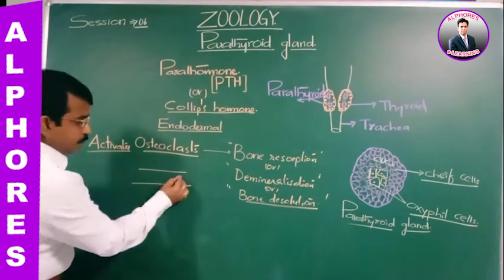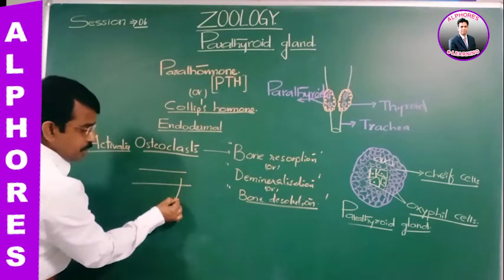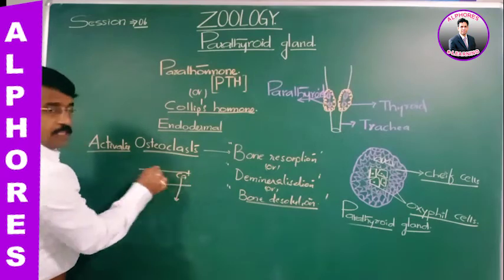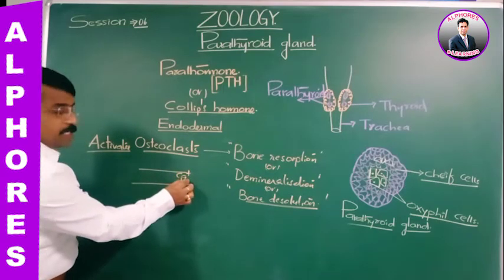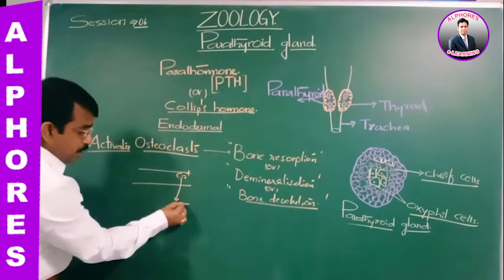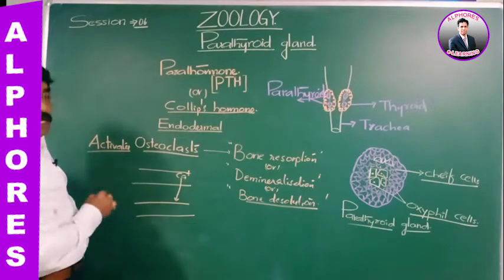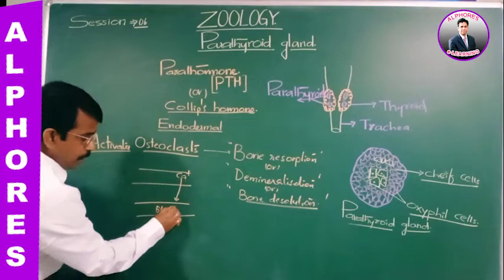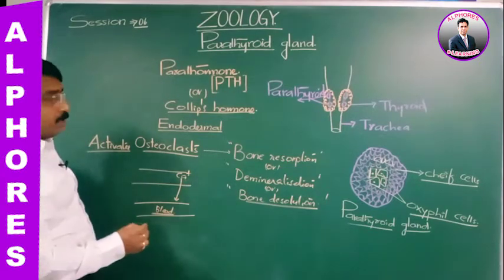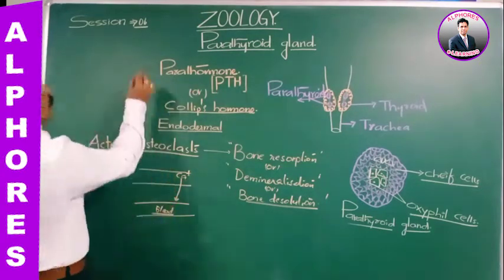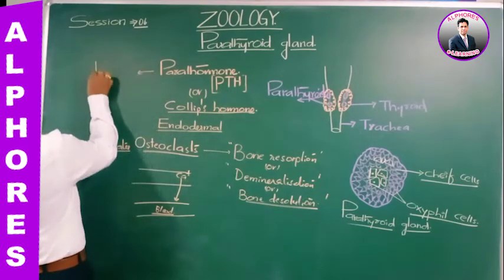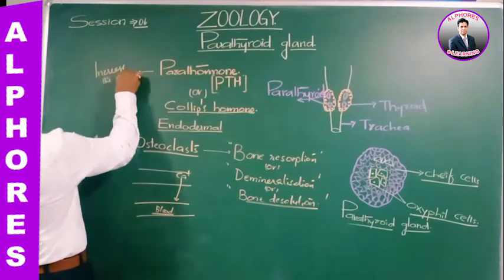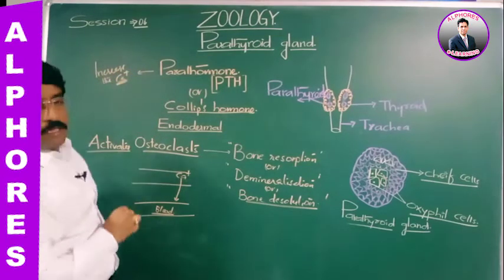Once the osteoclast is activated, through demineralization the calcium and the phosphorus present in the bone reach the blood. So the role of the parathormone is to increase the calcium and the phosphorus levels in the blood.